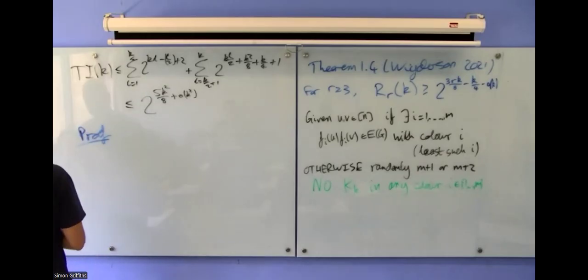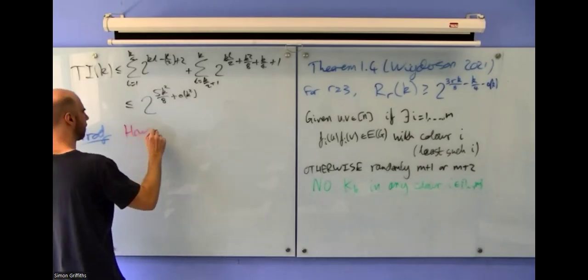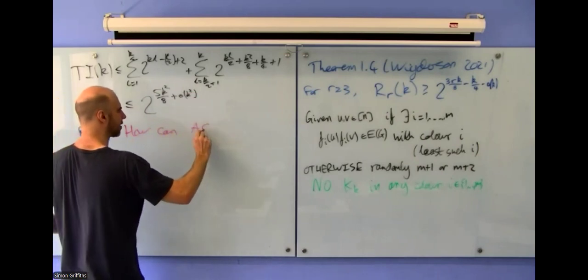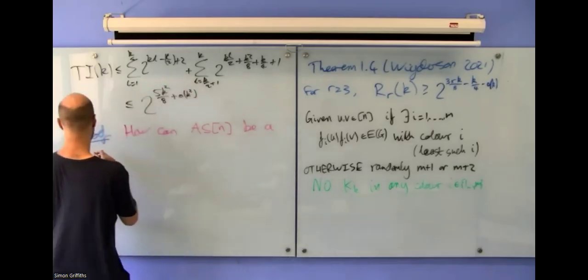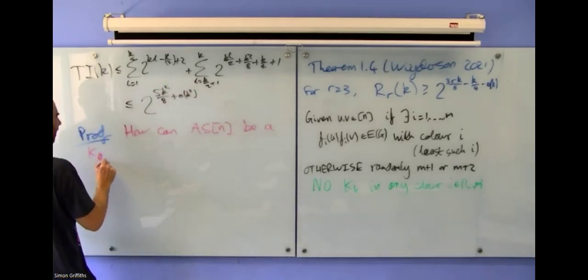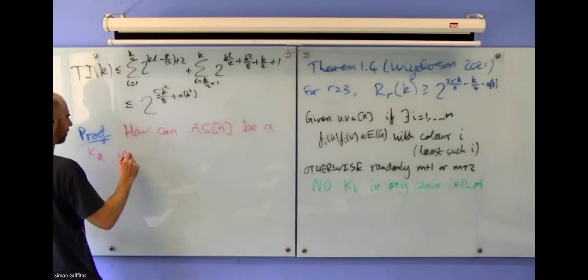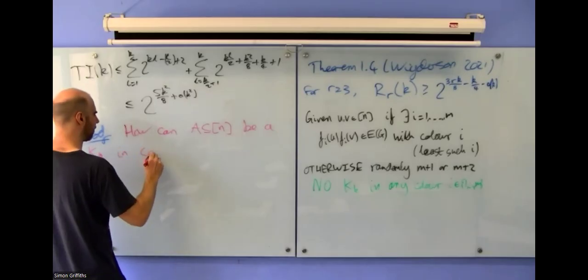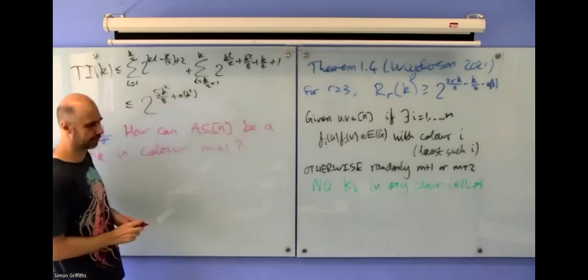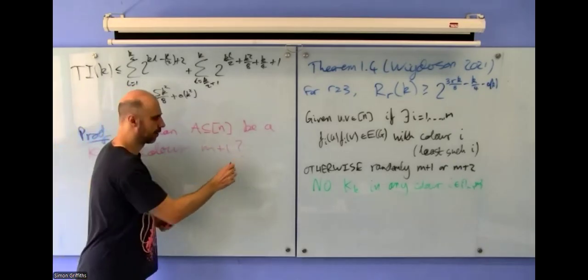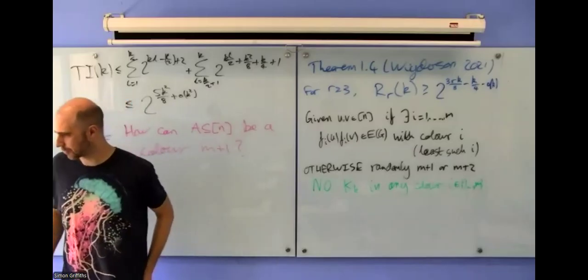How can a set A contained in N be a clique, a K_k? Let's assume A has size k in colour n+1. So quite a few things have to happen.